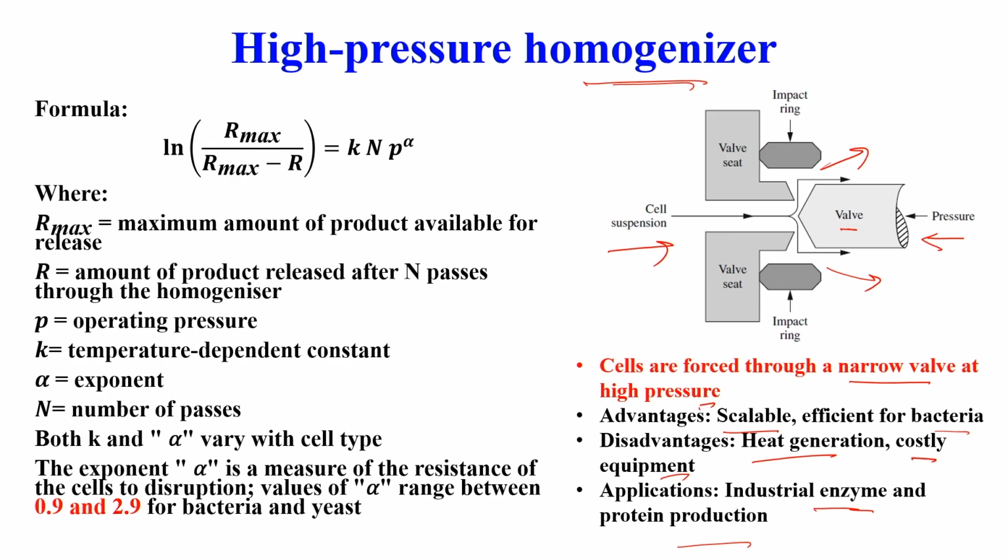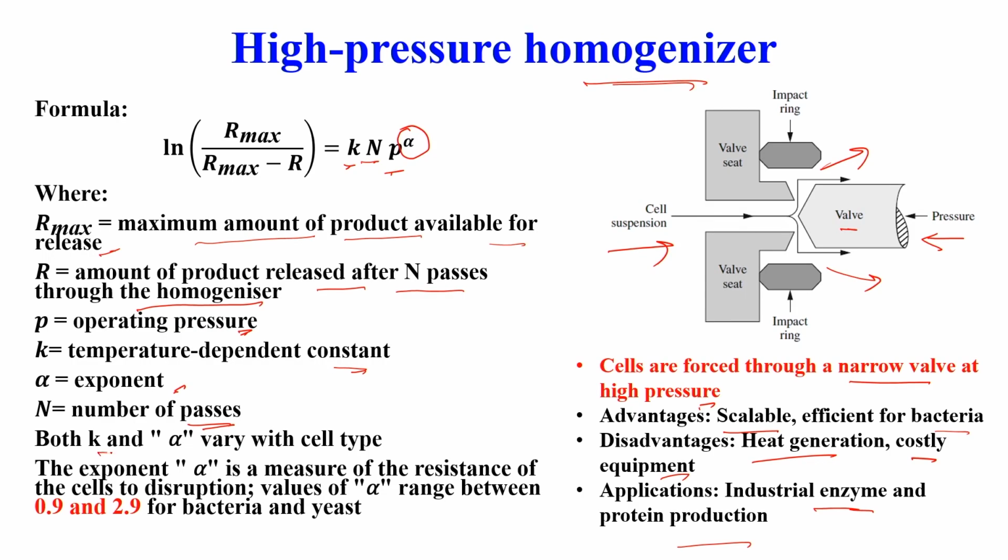So, how does it work? Typically you see ln Rmax upon Rmax minus R. What is Rmax? It is the maximum amount of product available for release, and R is the amount of product released after n passes through the homogenizer, and this is proportional to K n P to the power alpha. K is the temperature dependent constant, n is the number of passes, P is the operating pressure, and alpha is the exponent.